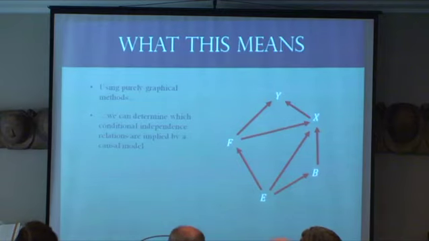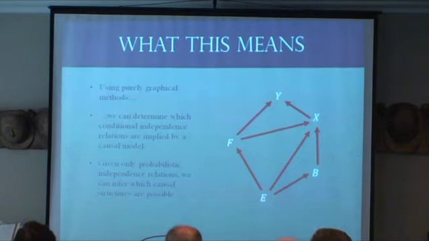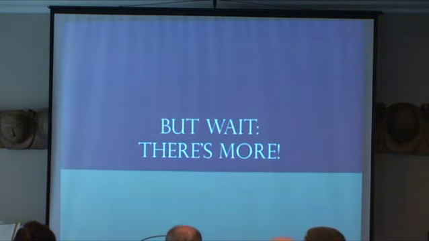This is really amazing: just by looking at the qualitative structure of the causal model, we can infer by graphical means what the implied probability relations are. And then, inversely, if we're given a set of probability relations, we can infer what causal structures are compatible with that. You think that might be enough to call it a career, but wait, there's more.